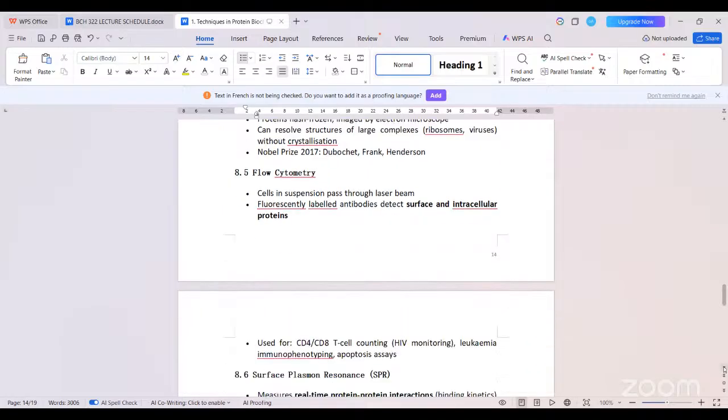Then you have the flow cytometry, and it's used for CD4 and CD8 T cell counting in HIV monitoring.